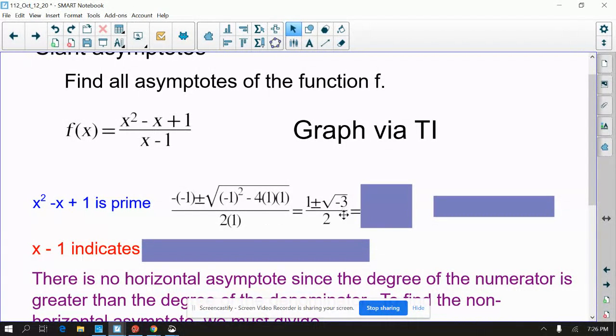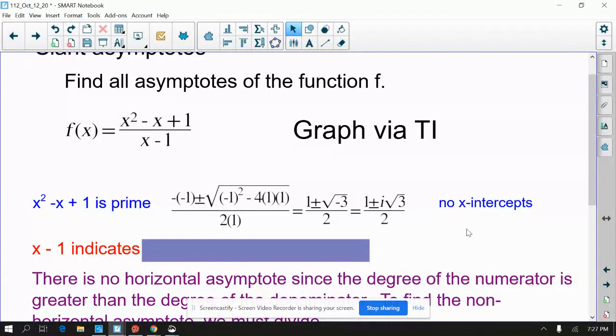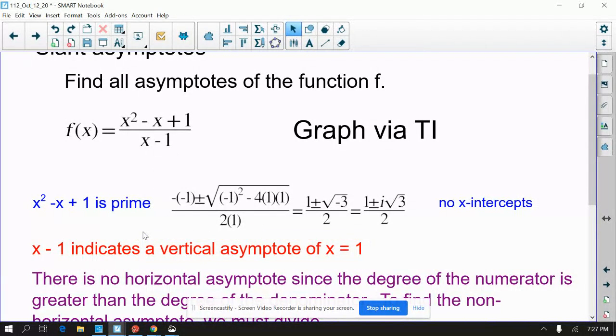Look at your discriminant. -3 is the discriminant. Since it's a negative number, you have imaginaries. And since the only thing that makes this 0 is an imaginary number, that means that they are not x-intercepts. We knew that from the graph already. And x minus 1 in the denominator indicates that x equals 1 is the vertical asymptote.